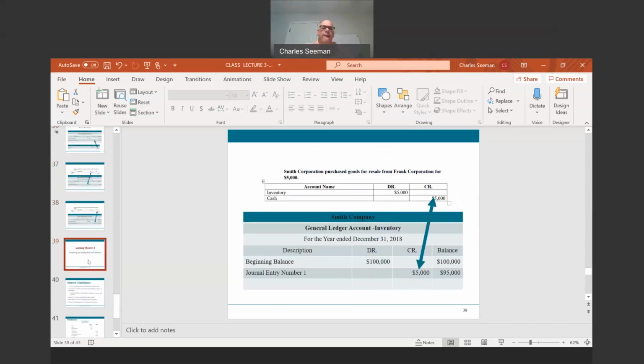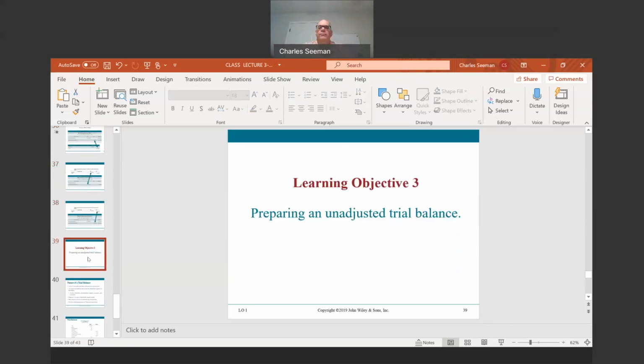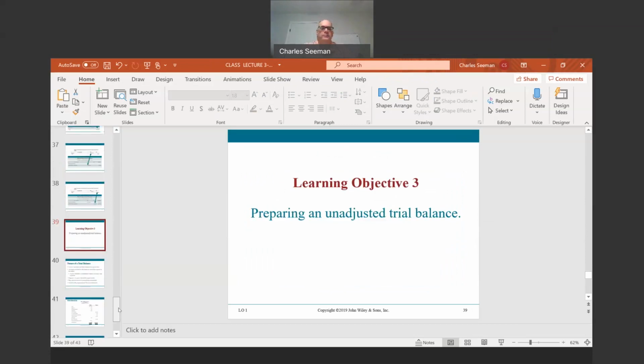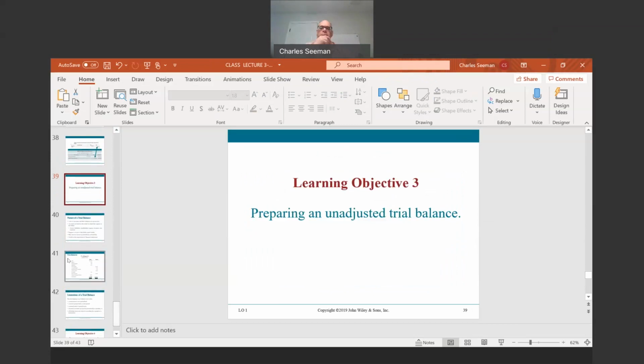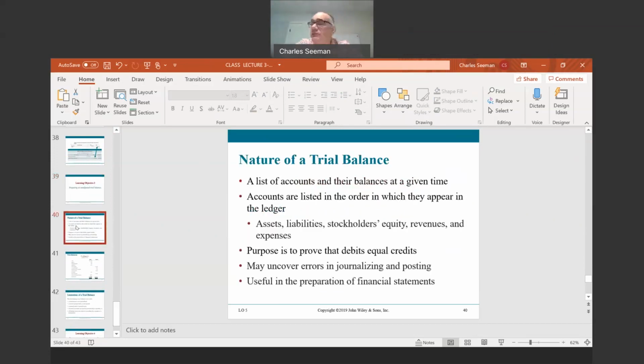We debited it. Prepare an unadjusted trial balance. The nature of a trial balance: a trial balance is a list of accounts and their balances at a specific time. Accounts are listed in the order in which they appear in the ledger: assets, liabilities, stockholders' equity, revenues, and expenses.